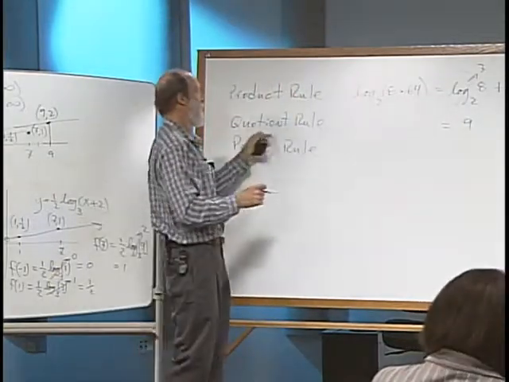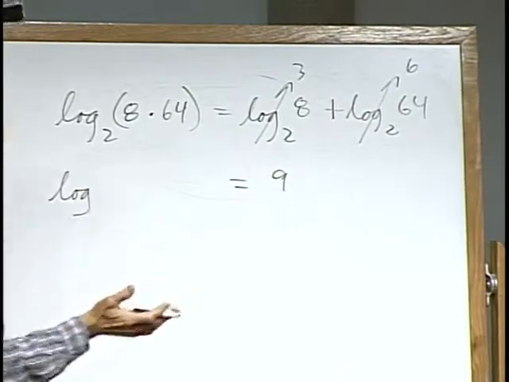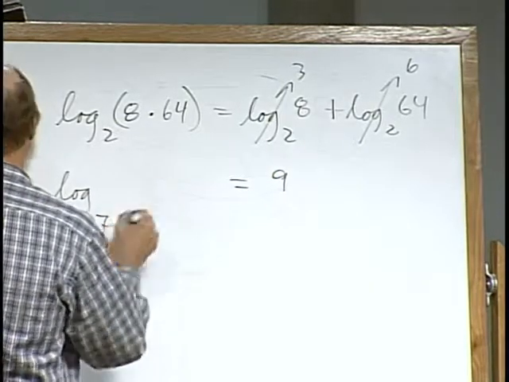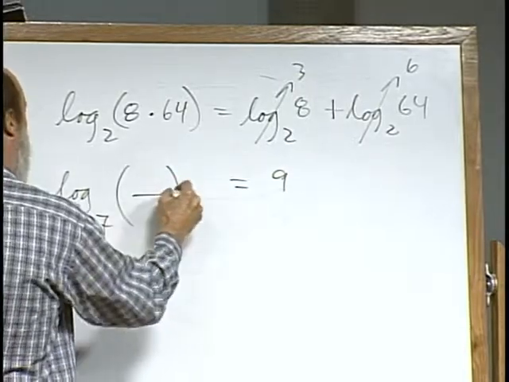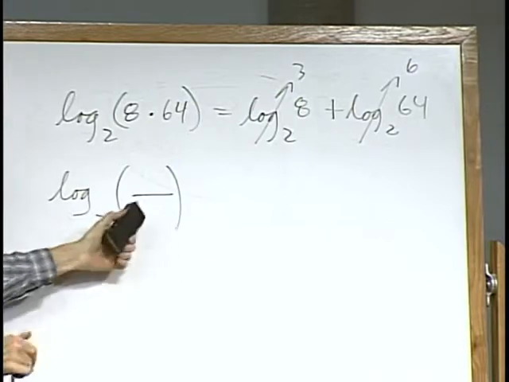Okay, let's look at the quotient rule. Somebody give me a different base. 7. The log of a quotient, in other words, a ratio. The log of a ratio.